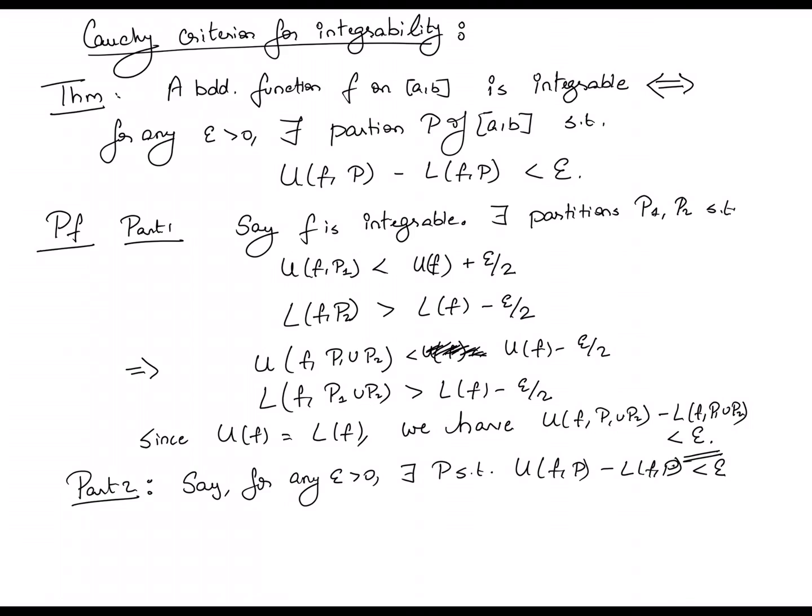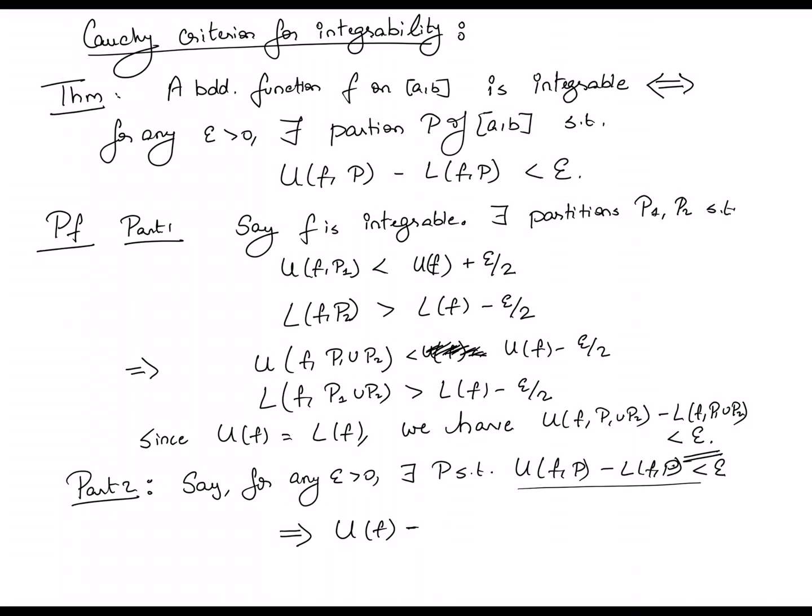Now remember, U(f) is the infimum of the upper sums. So if I take U(f) minus L(f, P), that will further shrink this value down. Further, L(f) is the supremum.